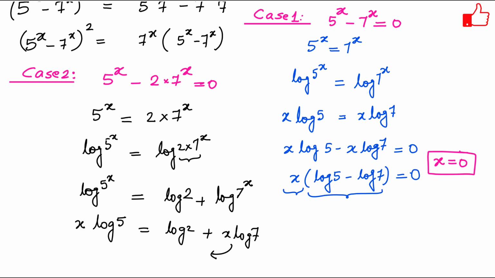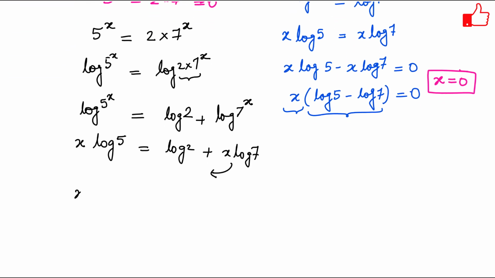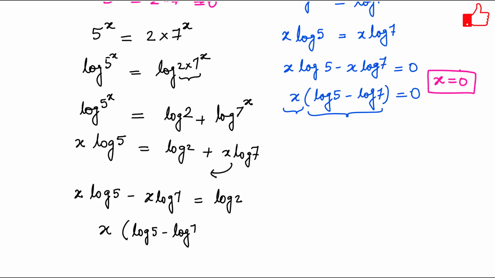I can take this term to the left hand side. So this becomes x log 5 minus x log 7, and this is equal to log 2. If I take x common, this is x times log 5 minus log 7 is equal to log 2.